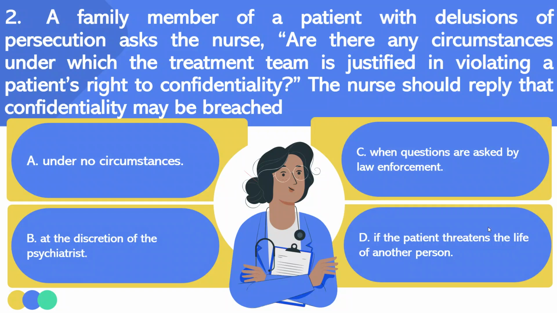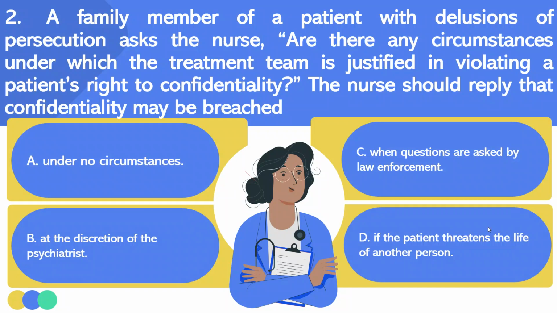I think I was able to mention this one before, that there are instances when confidentiality may be breached, and that includes safety of self and safety of others. The second is if it is related to a communicable disease, and the third is when the patient has already died.